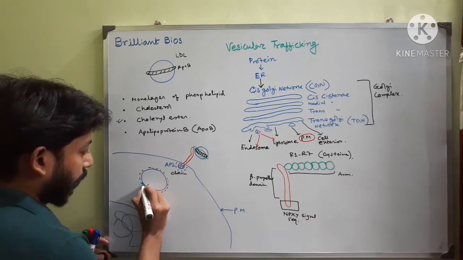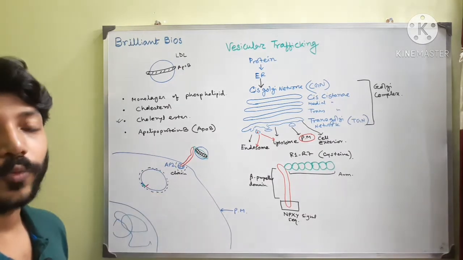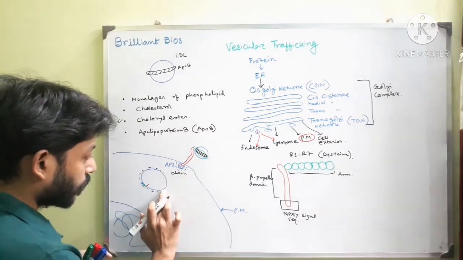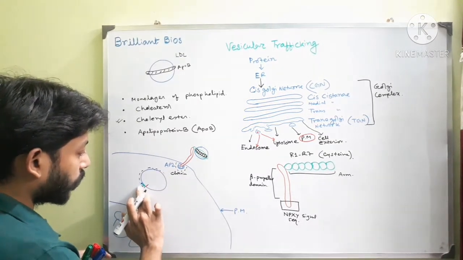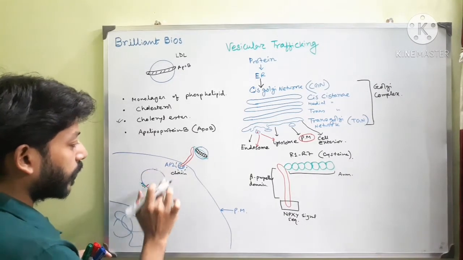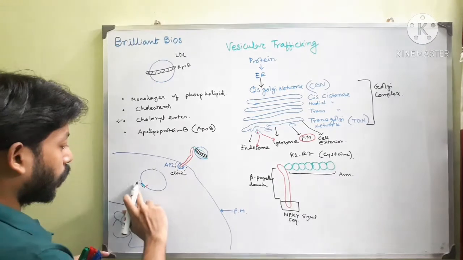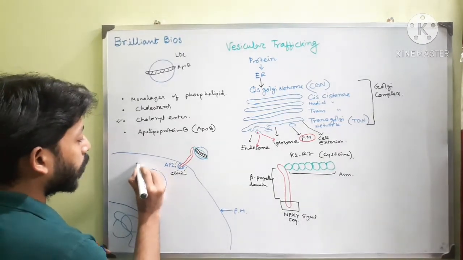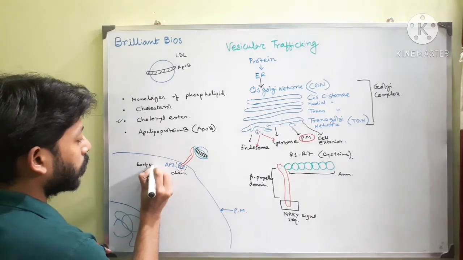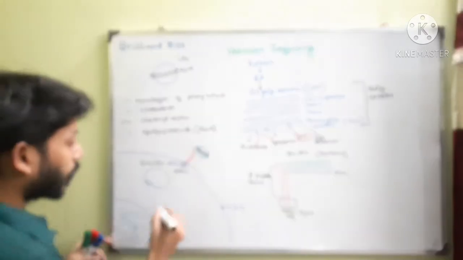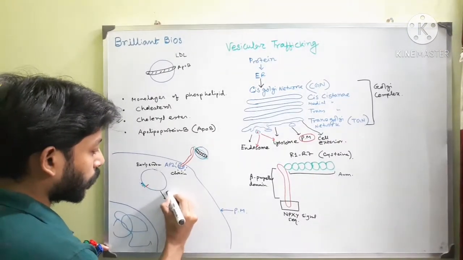Okay, now when there is clathrin protein attached with this vesicle, we can call it endocytic vesicles. But when the clathrin proteins are removed, because to fuse these vesicles this clathrin should be removed, when there is no clathrin, no AP2, we call it early endosome. This early endosome then fuses.